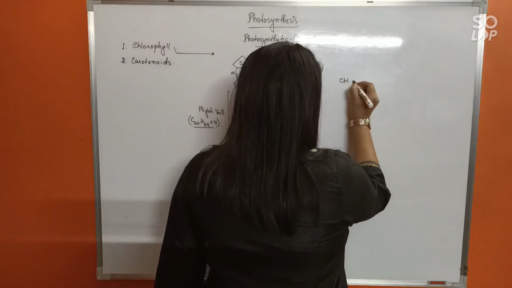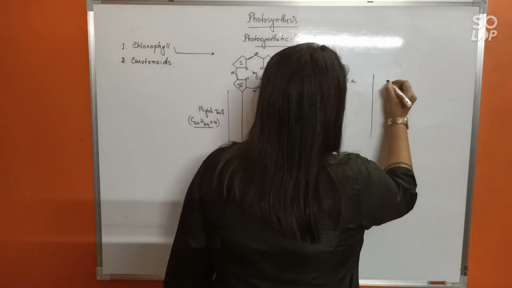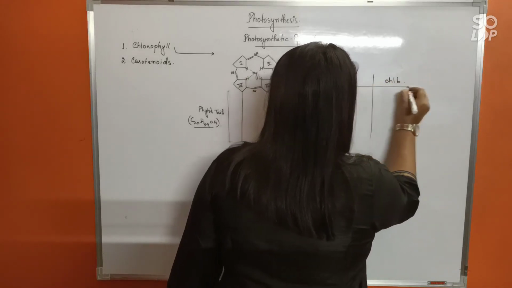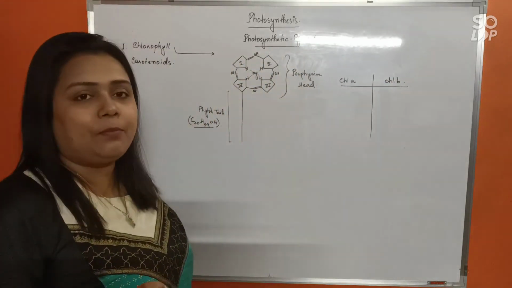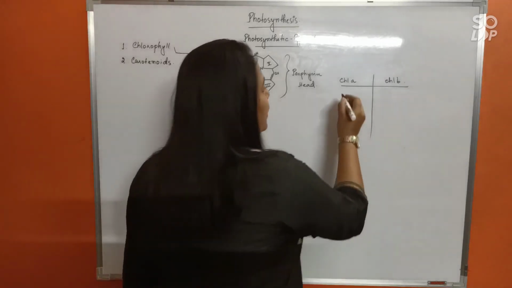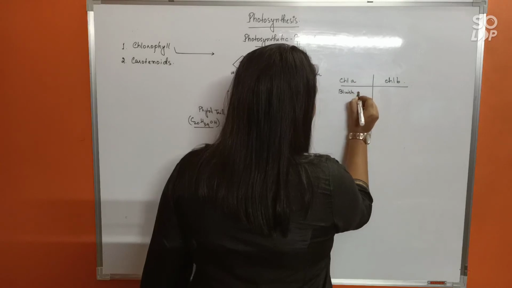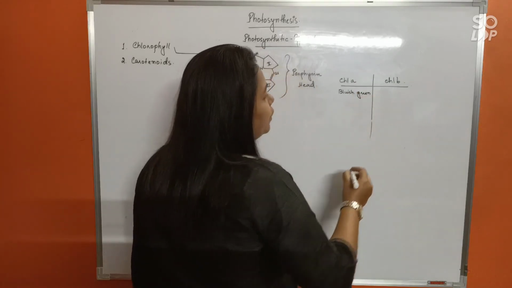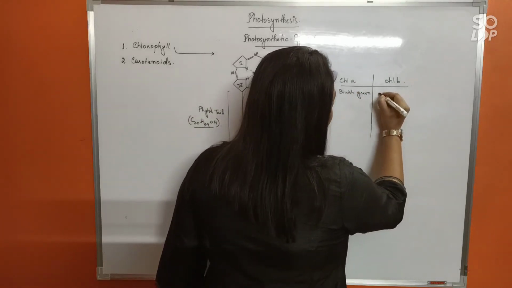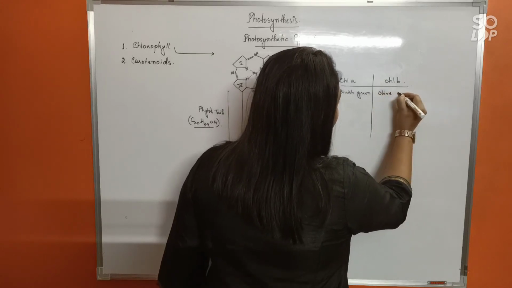So, chlorophyll A versus chlorophyll B. Chlorophyll A is bluish green in color, whereas chlorophyll B is yellowish green, or we can say olive green in color.